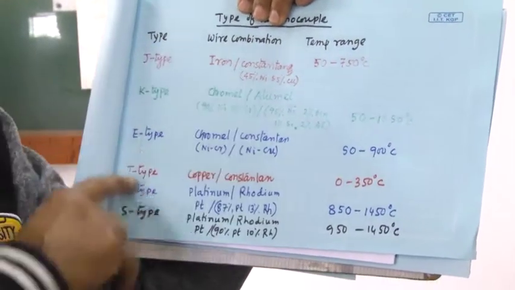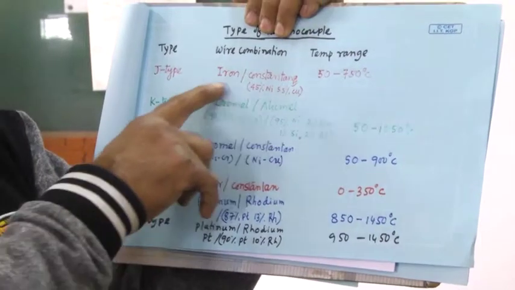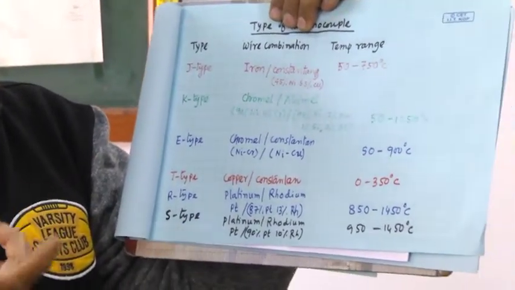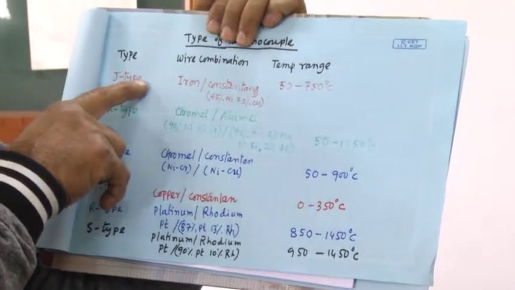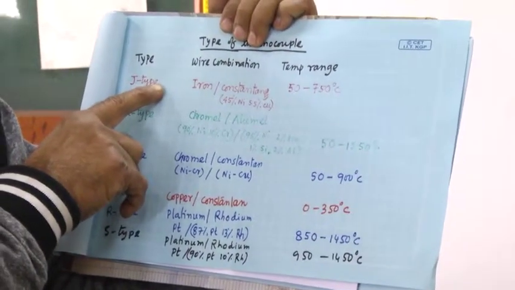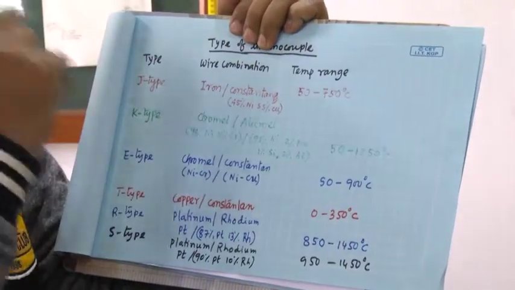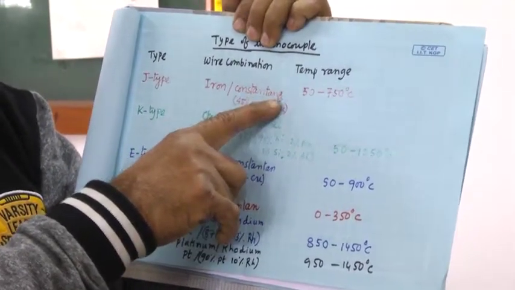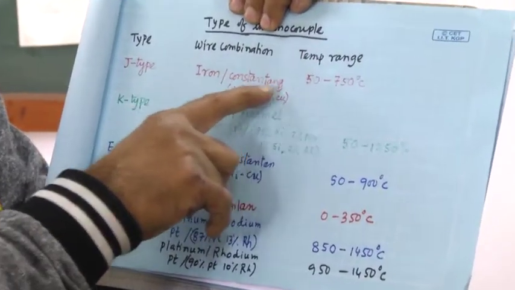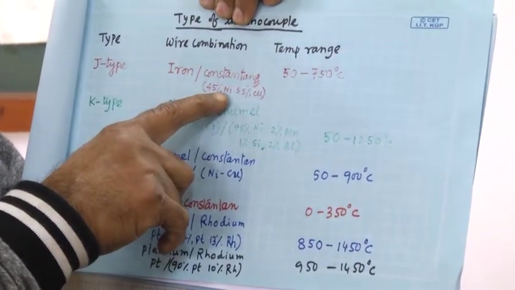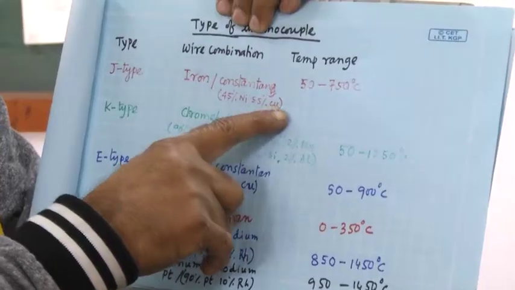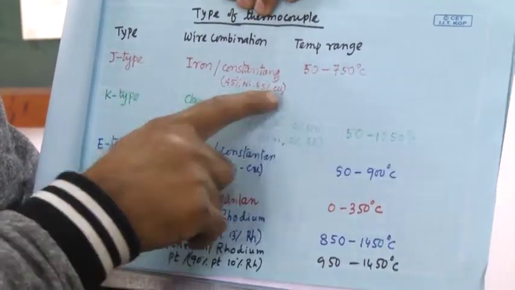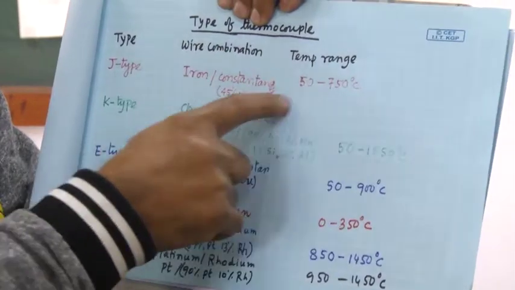These names depend on the combination of the two types of wire. J type is when one wire is iron and the other is constantan. Constantan means an alloy of 45% nickel and 55% copper.